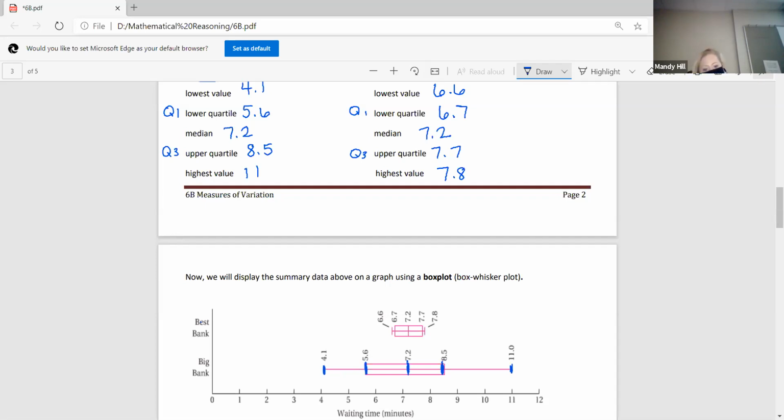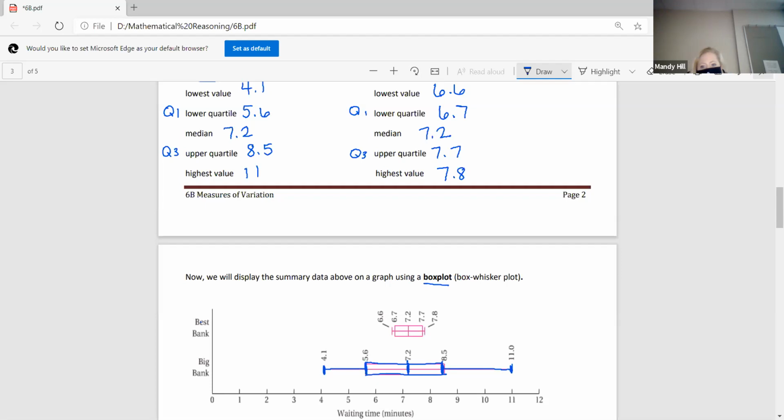In the middle section, it's connected with a box, which is why it's called a box plot. And on the outside, you draw your whiskers. So you connect the middle ones with a box, and the outside is your whiskers. They're calling it a box and whisker plot. Box plot is another way to say that.